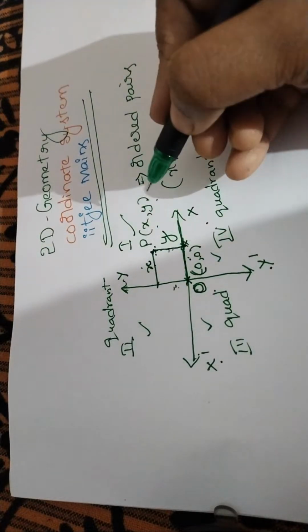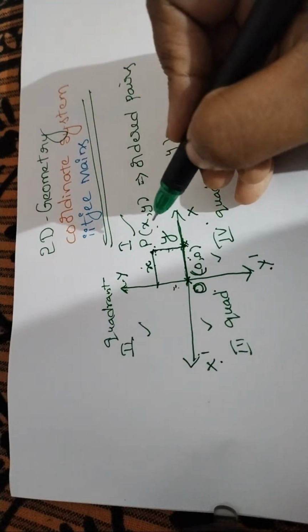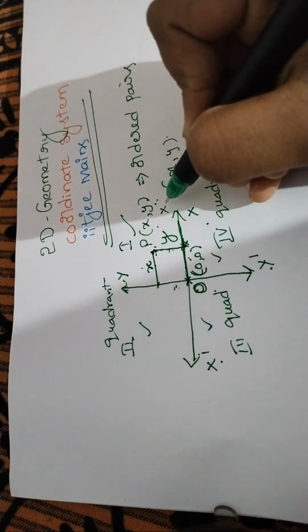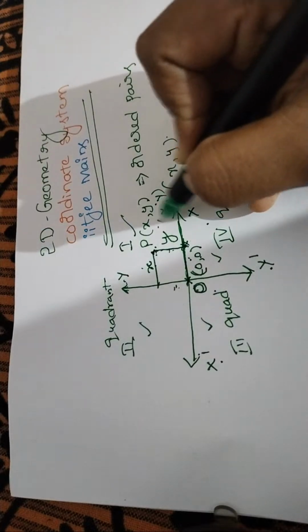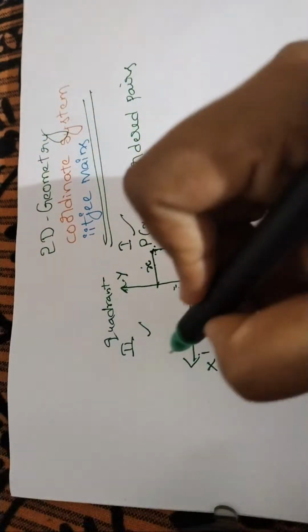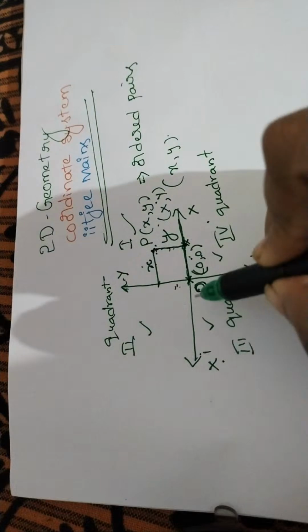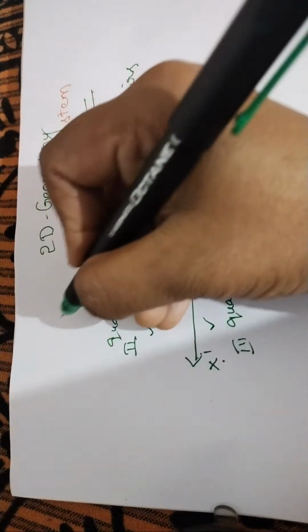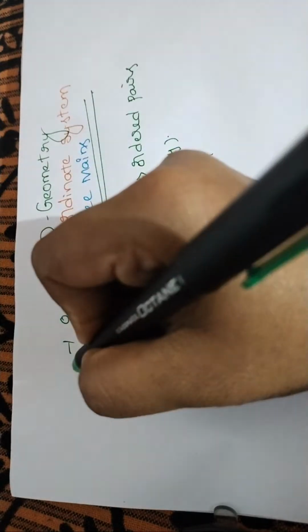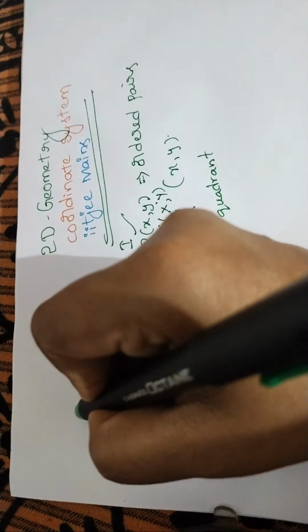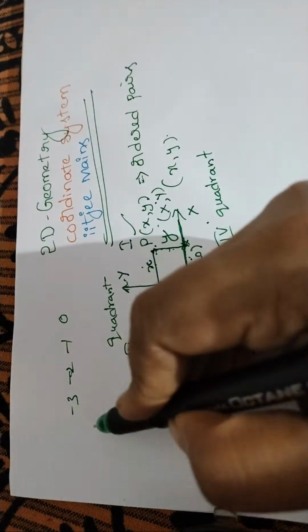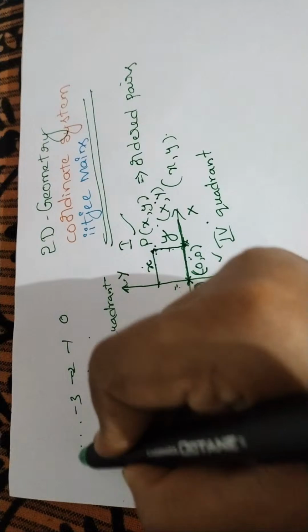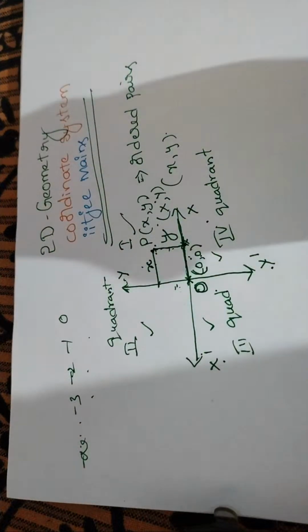So what is the first quadrant? The first quadrant has x comma y, where x is positive, meaning plus x comma plus y. That is the first quadrant. For the second quadrant, these are values from before 0. What are the values before 0? -1, -2, -3 up to -infinity.